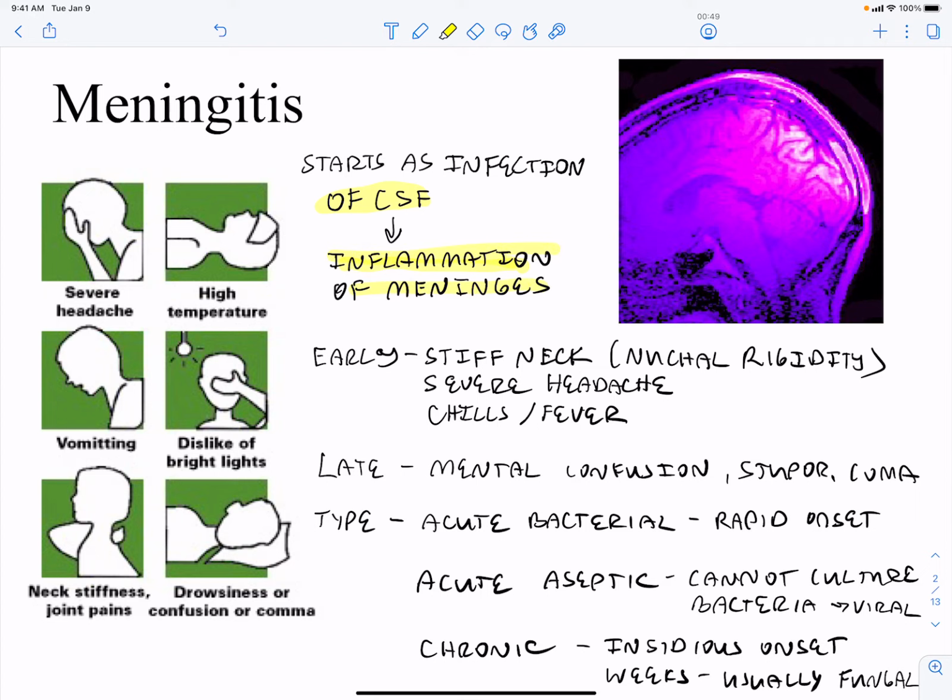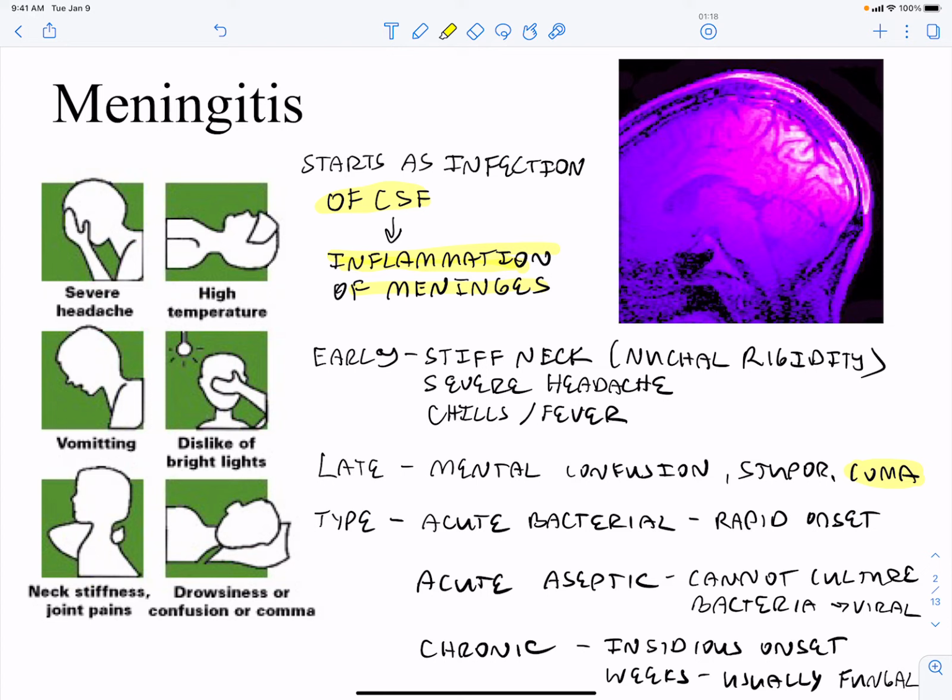Some of the early signs of meningitis are a stiff neck, nuchal rigidity, and severe headache. It's associated with a bacterial infection, so that's going to lead to prodrome symptoms, chills, and fever. In the late stages, you're going to start to get mental confusion and stupor. This can lead to a coma.